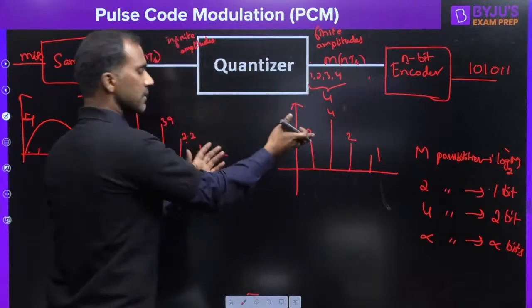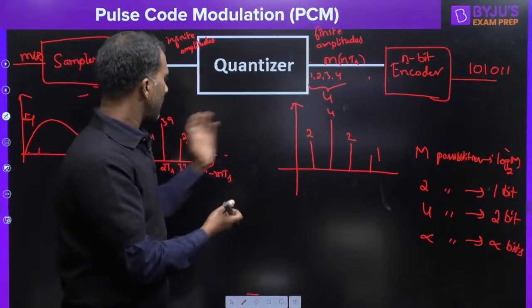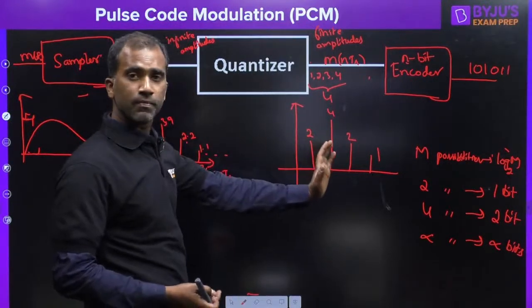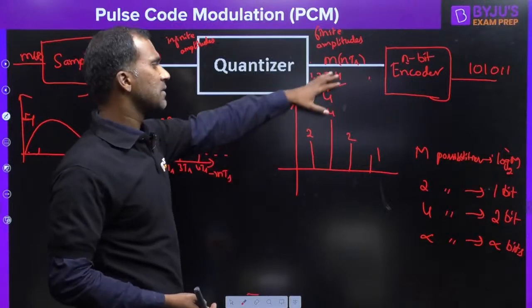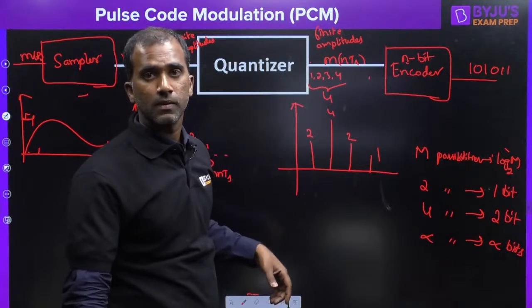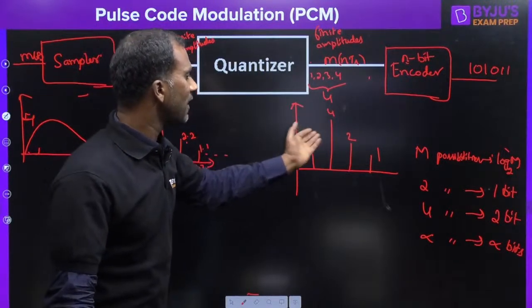We have the same samples, but after approximation with some error. Same locations, almost the same samples. Practically we don't use only 4 quantization levels, we use 256 levels. So the error will be very, very small. So these samples are approximated to some values here.